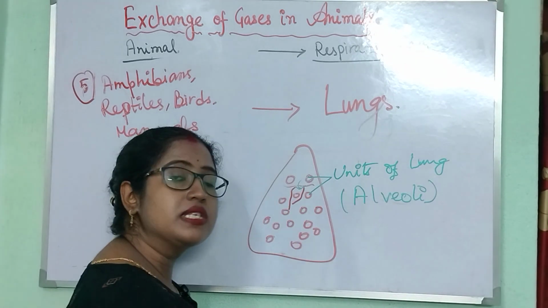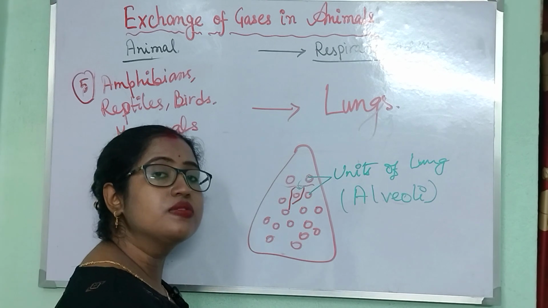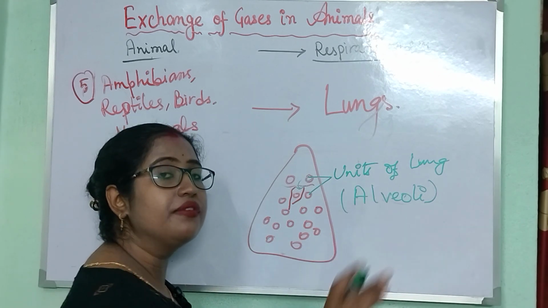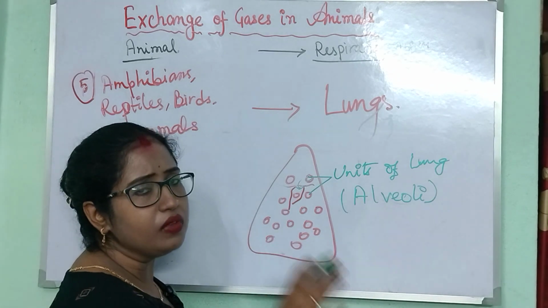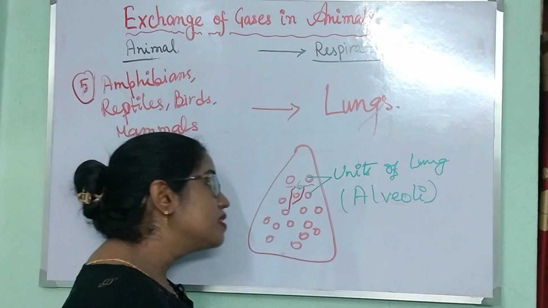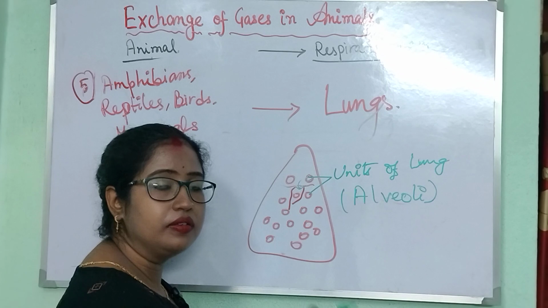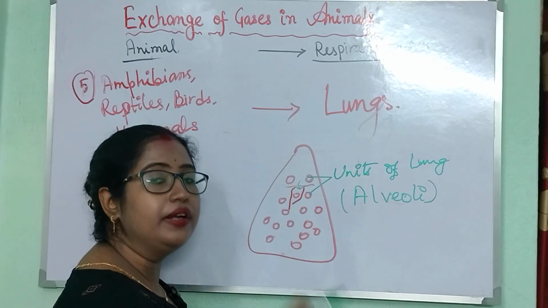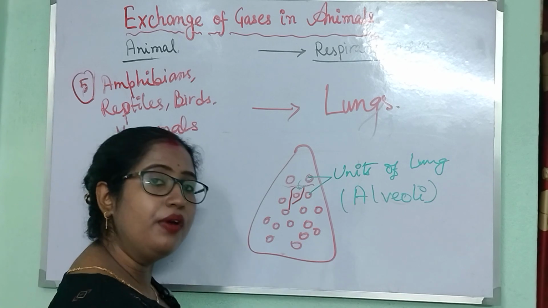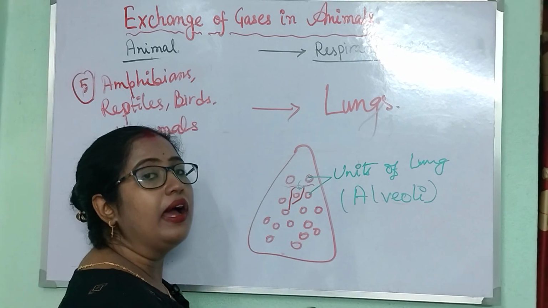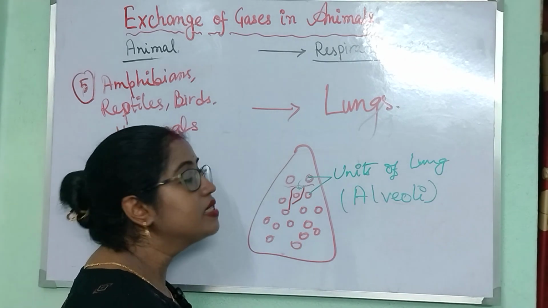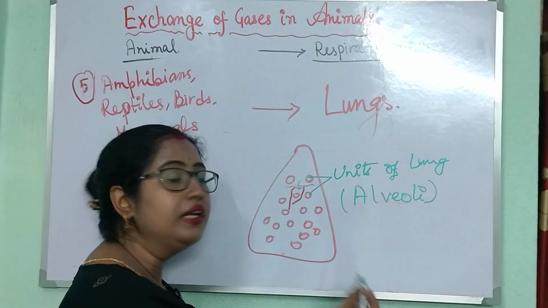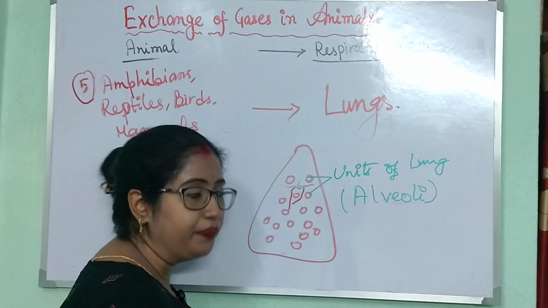The hemoglobin present in the blood cells combines with the oxygen and circulates it to each and every part of the body. In the same process, the carbon dioxide produced as a byproduct of respiration and metabolism is eliminated from our body via the same route.